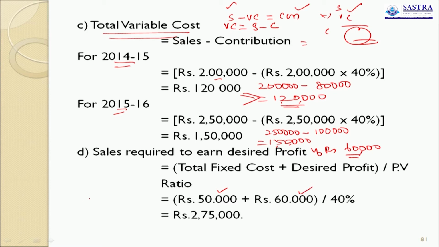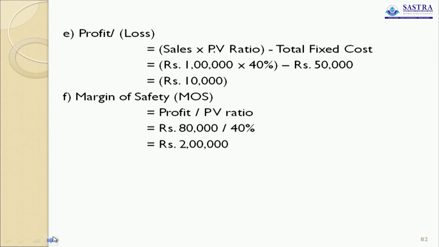So put together 1,10,000 divided by 40 into 100, the answer will be 2,75,000. So if you are required to earn a profit of 60,000, your sales will be 2,75,000. So when your sales touch 2,75,000, at that point your profit is 60,000. This is the meaning of this question.